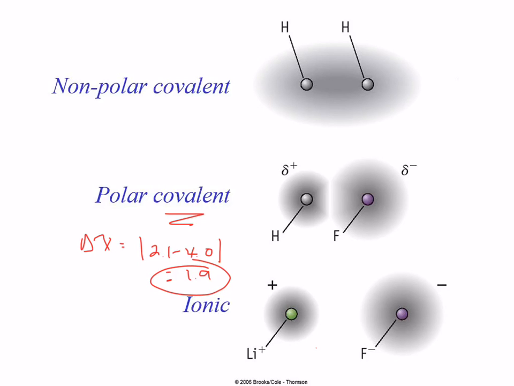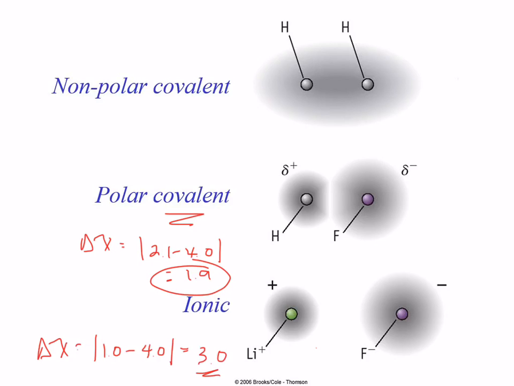But if we go down here, let's see, lithium 1.0, fluorine again 4.0. Yeah, right. Electronegativity difference of 3.